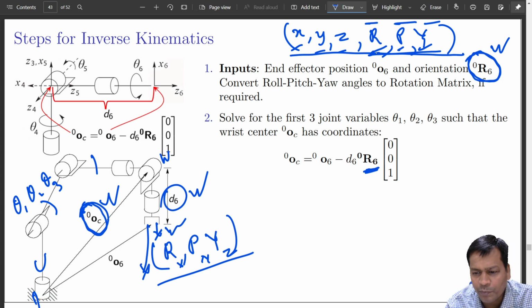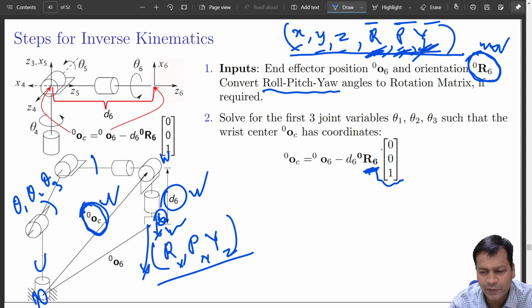By the given information, that is roll, pitch and yaw, from where you have obtained 0R6. This is the 6th point. So I know the orientation using the roll, pitch, yaw angles. I obtained 0R6 and multiplied it with the Z axis vector. The Z axis is now rotated using 0R6 and I got a vector which is like this.